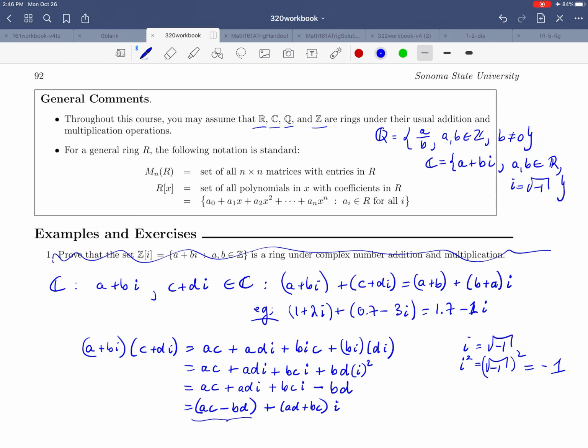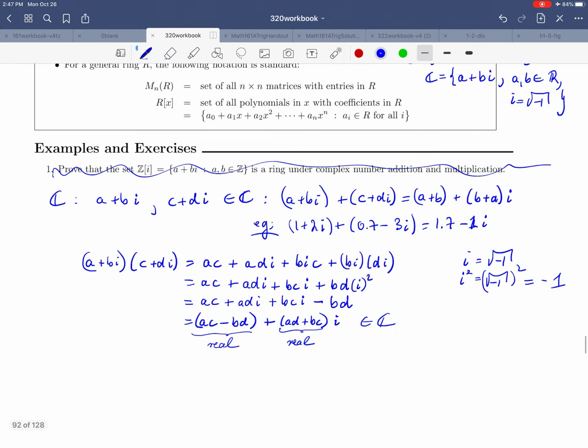This is another complex number, because AC minus BD is a real number, and AD plus BC is a real number. So you can see we've written the product of our two complex numbers again in the form of a complex number. That's how you add and multiply complex numbers.